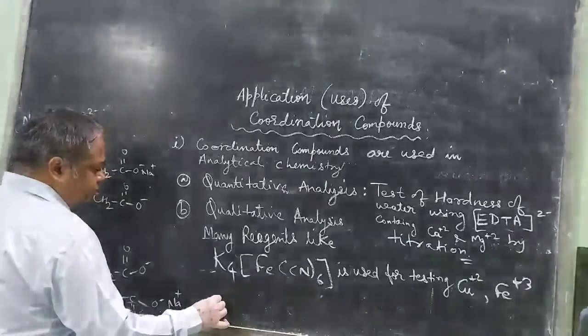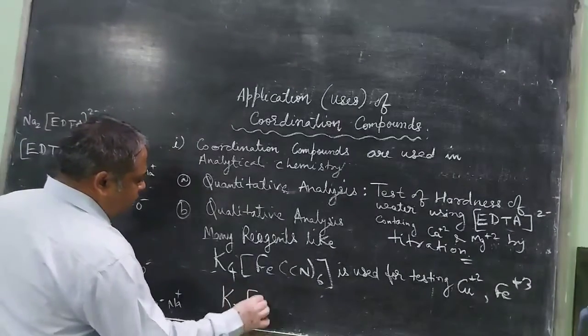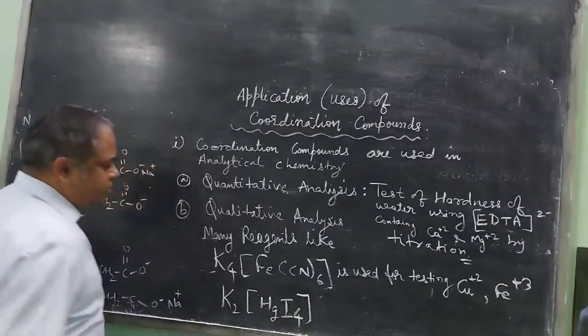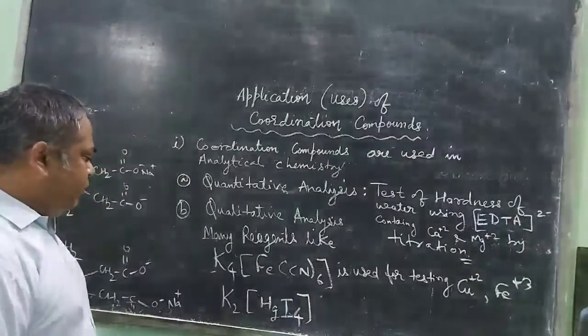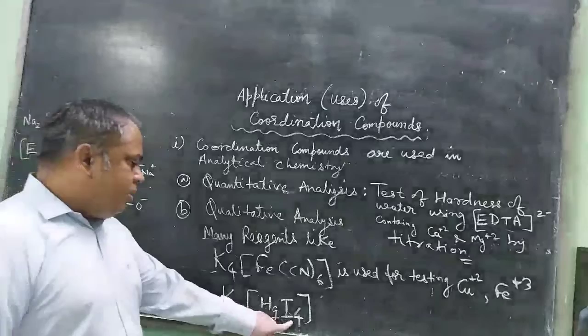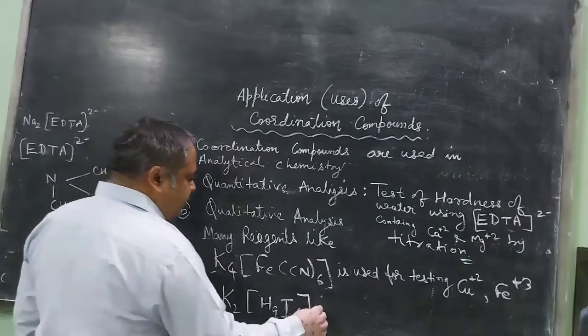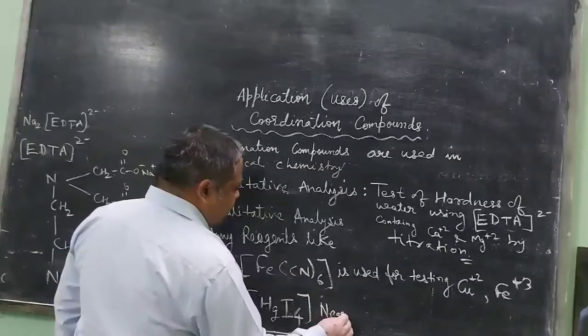Then K2[HgI4], potassium tetraiodomercurate, is also called Nessler's reagent.